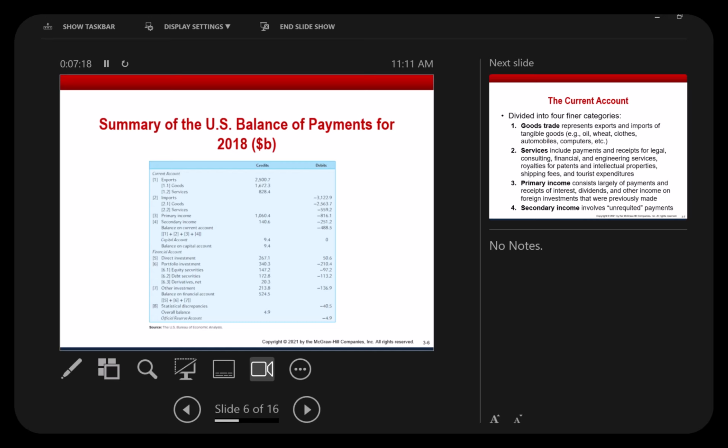If a Japanese investor buys 1,000 shares of Google, that would be portfolio investment. 1,000 shares of Google doesn't give you any control rights. But if a Japanese firm invests money to establish a factory here, that would be foreign direct investment.